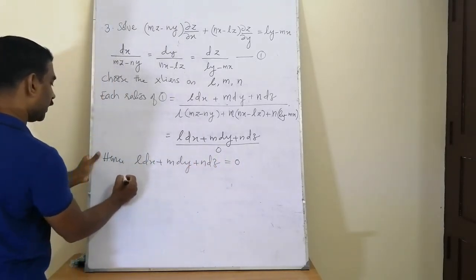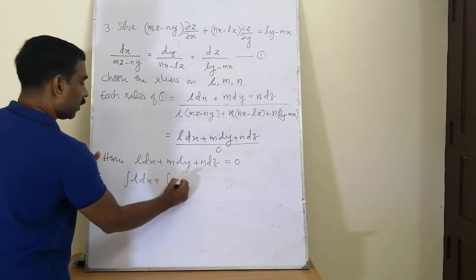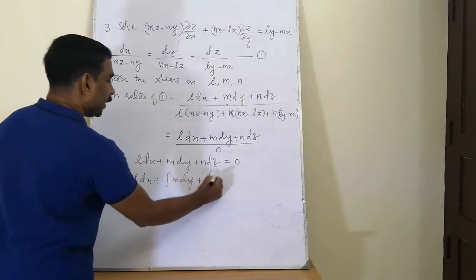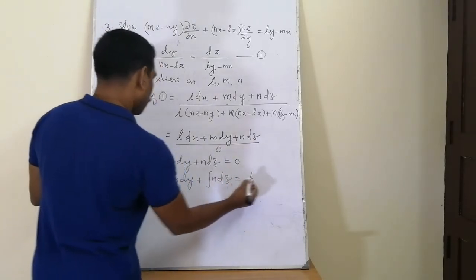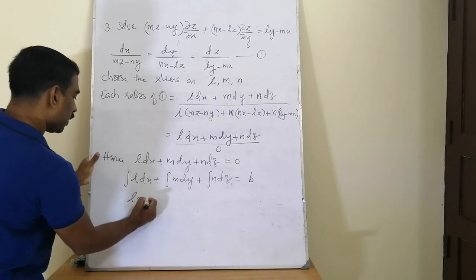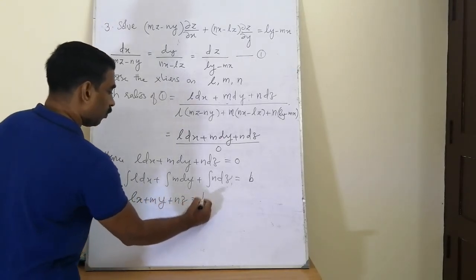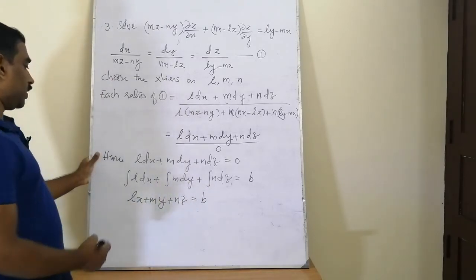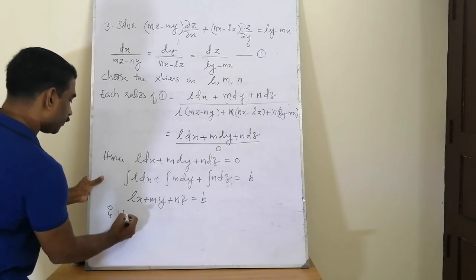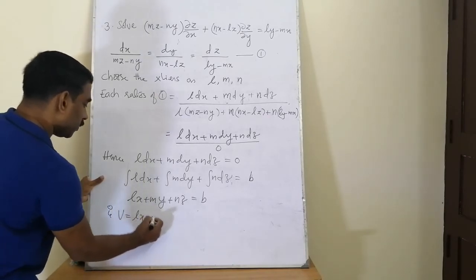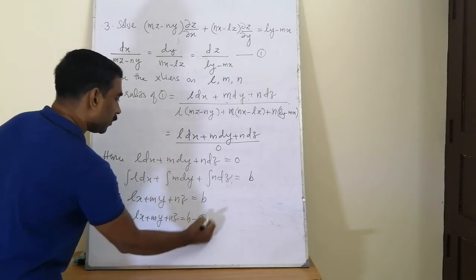On integration, we will get integral L dx plus integral M dy plus integral N dz is equal to some constant b, or Lx plus My plus Nz is equal to b. That is, this is our second solution, say b, that is, v is equal to Lx plus My plus Nz equal to b, equation number 3.